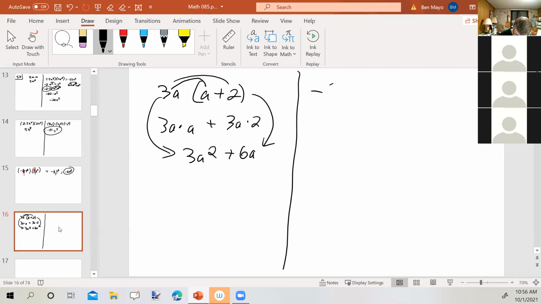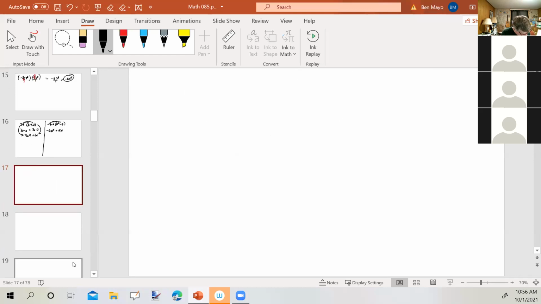All right. Negative 6s times s squared minus 3. So this is going to be negative 6s to the third plus 18s. And let's see here. 4/9 a squared times the quantity 9a cubed plus a squared.